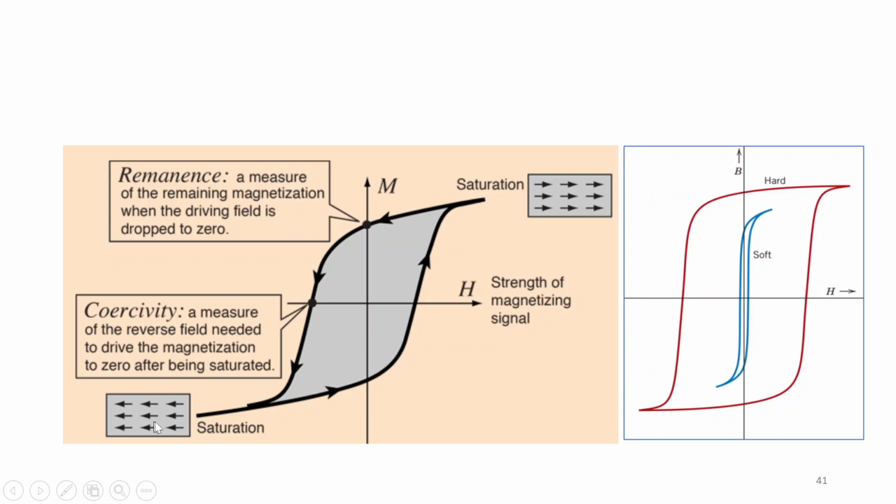So all domains will align in one direction, and then you will get saturation, and after that you keep on increasing the magnetic field in the positive direction, then you will again reach this direction.